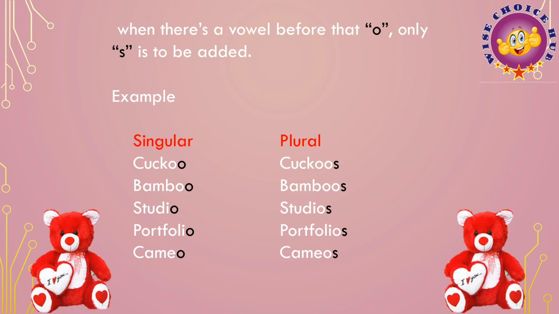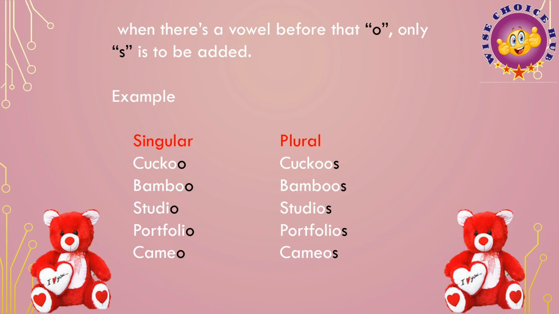Same goes with cuckoo, C-U-C-K-O-O. O is the last letter of the word cuckoo, but before the letter O there is another vowel O. So I am going to add only S. But in the previous rule, what did we study? When there is a letter O at the end of the word and there is a consonant before the O, you need to add ES.